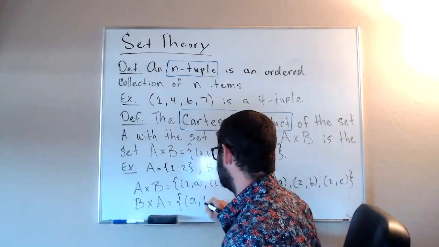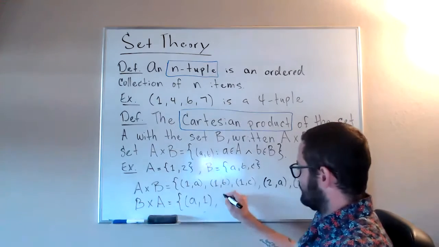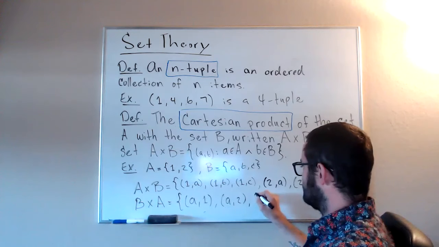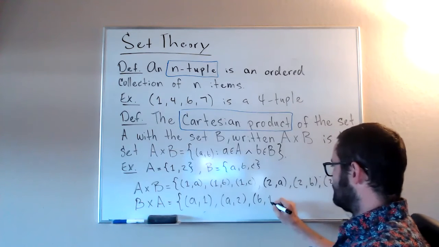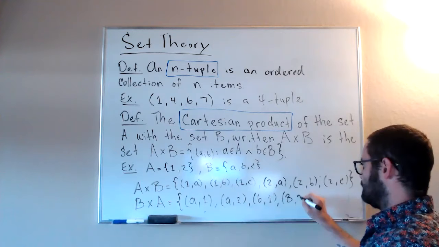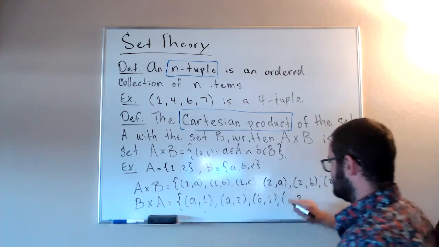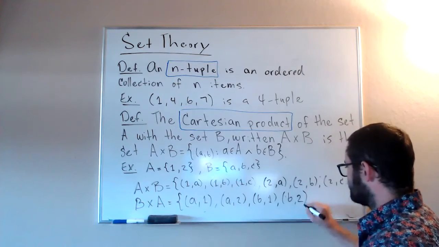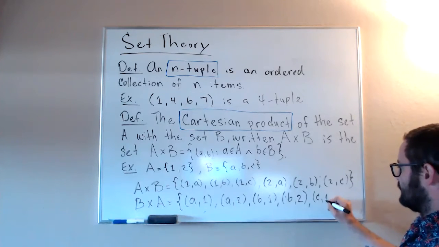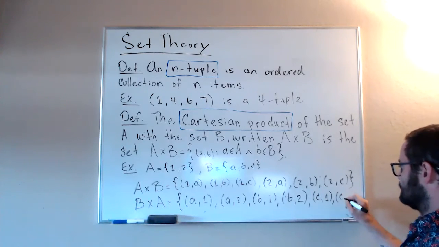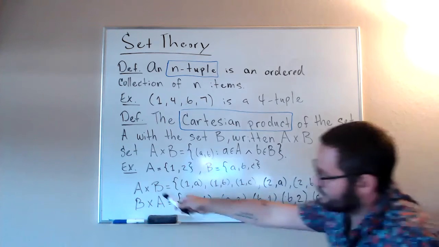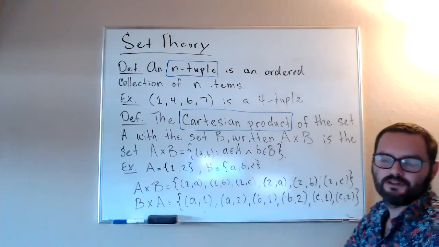We'll have this set: (a, 1), (a, 2), (b, 1), (b, 2), and then finally (c, 1) and (c, 2). So these are different sets, completely different. They have different elements in them.